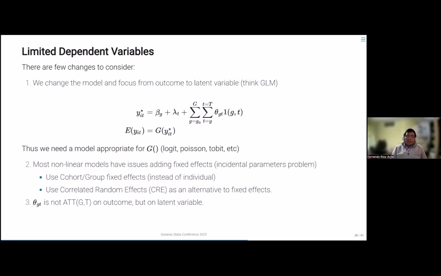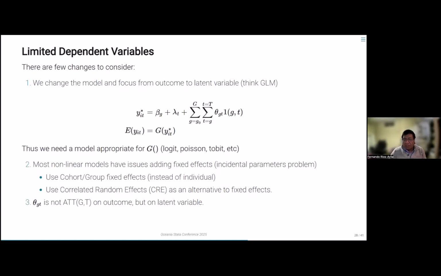So that's the first consideration that you need to make when considering estimating DiDs with limited dependent variables. The second consideration is that when you have nonlinear models, it's not going to be simple to add fixed effects. It's not simple because it creates the incidental parameter problem, which means you do not have enough data to identify the fixed effects. And because you do not have data to identify them correctly, there is going to be some contamination when you're trying to estimate the parameter of interest.